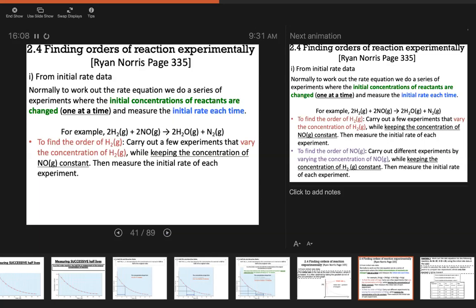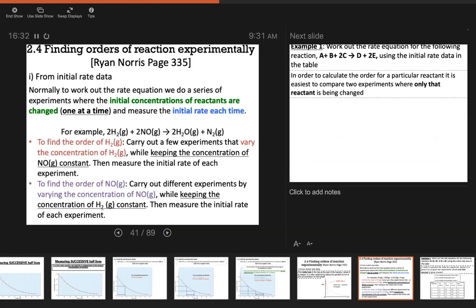You cannot learn about hydrogen on its own. Okay, so if you want to find the order of hydrogen, you only change the concentration of hydrogen at different experiments. It's still the same reaction, but you carry out different experiments. Okay, and then of course you measure the rate. That's the first one if you want to find the order of hydrogen.